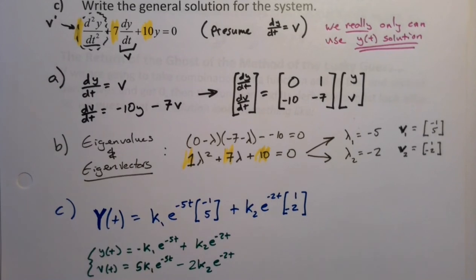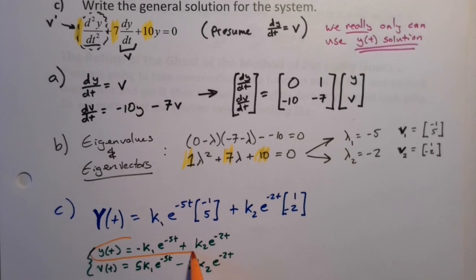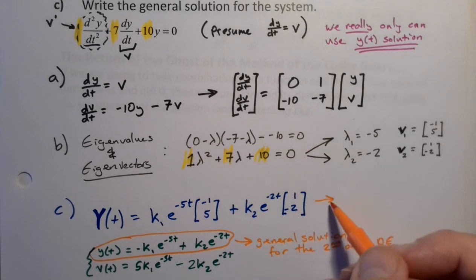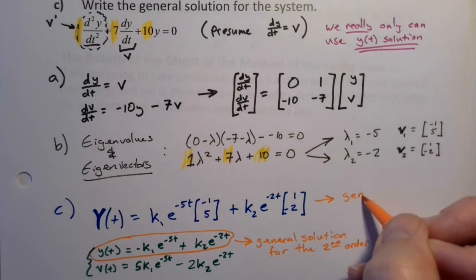But technically, only this equation right here is the general solution for the second order differential equation that we started with at the top. Whereas this right here is the general solution for the system.